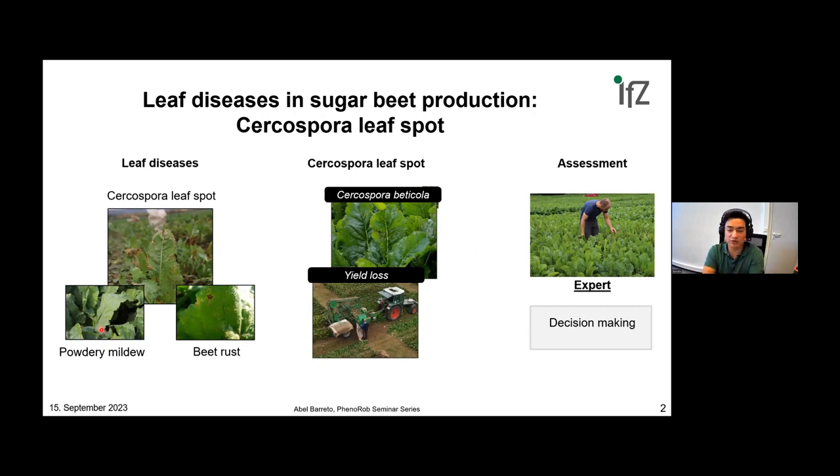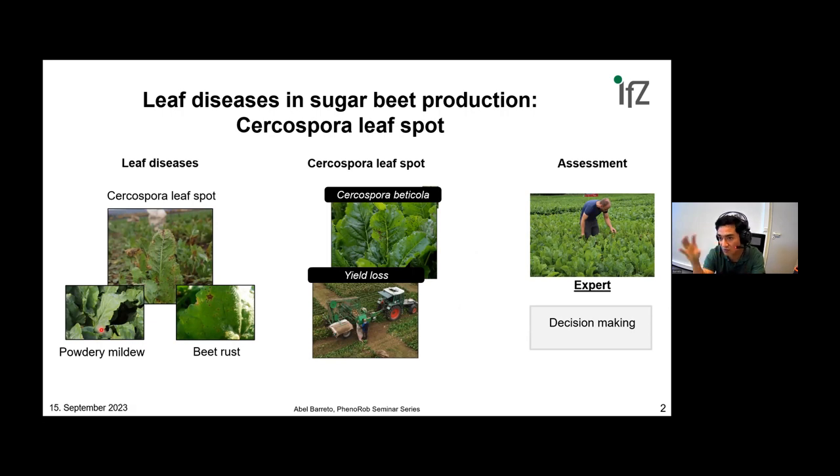Well, for sugar beet production, leaf disease is a big topic. There are many leaf diseases that are affecting the productivity in sugar beet production. Some of these are, for example, fungi, but we also have some viruses, especially yellow viruses.